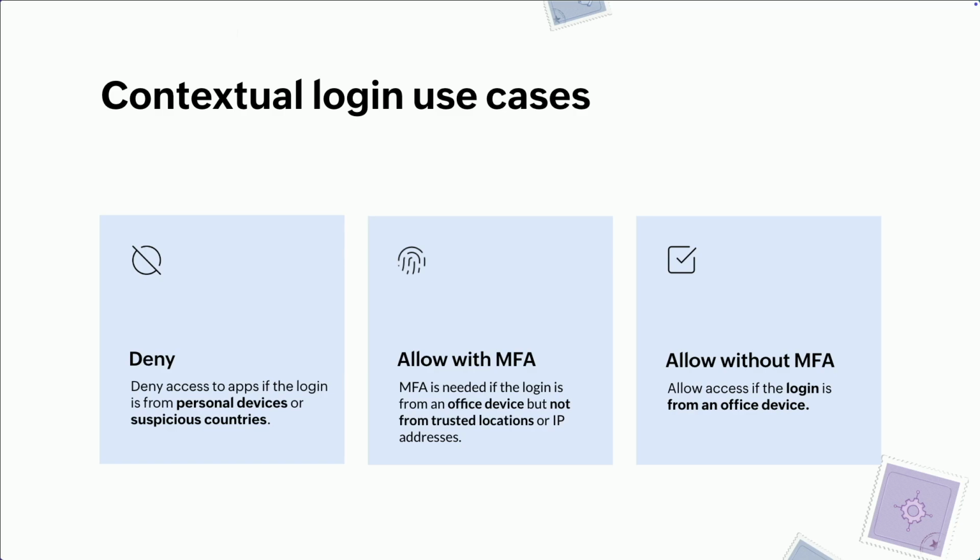Whereas, if they are logging in from an office device, but from a not so trusted network, you could allow them access, but you should ask for multi-factor authentication. And if they are logging in from an office device and from a trusted network, proceed with the authentication directly.